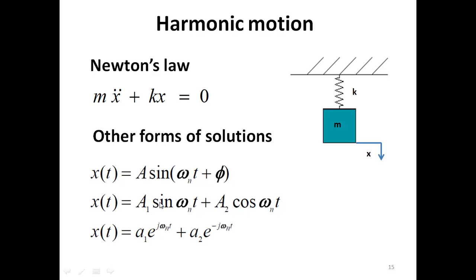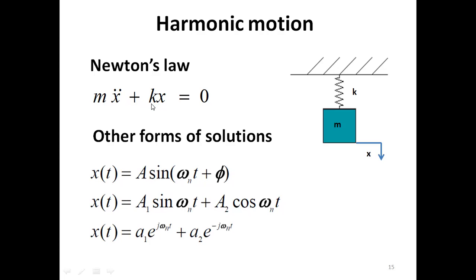The other form that actually satisfies this second order ordinary differential equation with constant coefficients that you may have studied in mathematics is x of t is equal to A1 sine omega n t plus A2 cos omega n t. Because the sine function is actually the solution of this differential equation. Similarly, the cos function is actually the solution of this differential equation.